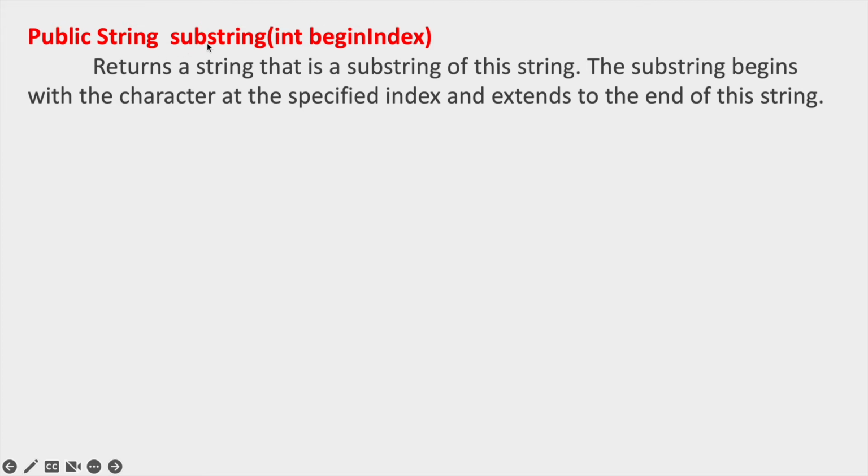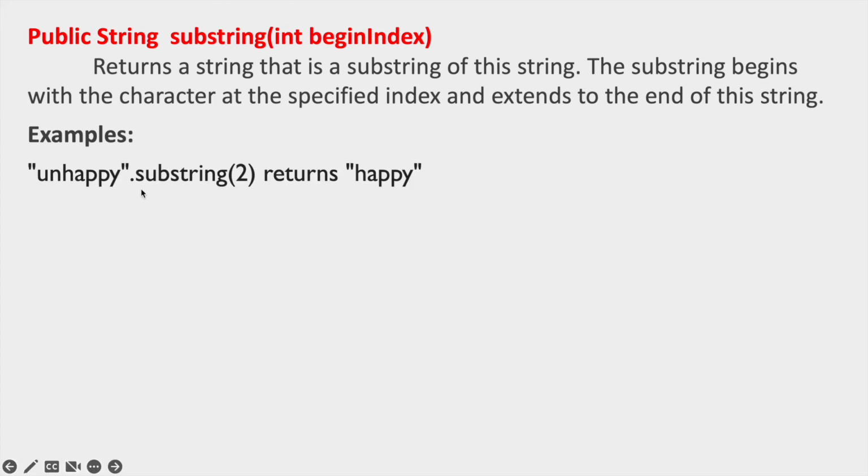So both sub and string should be in lowercase only. When you use uppercase, it will give an error. Let us see an example. If you apply substring(2) on "unhappy", this method returns the substring started from the second index. The second index is h, so it gives "happy".